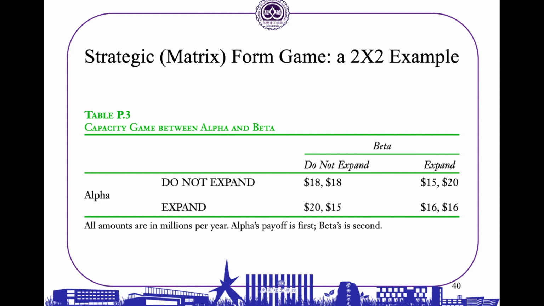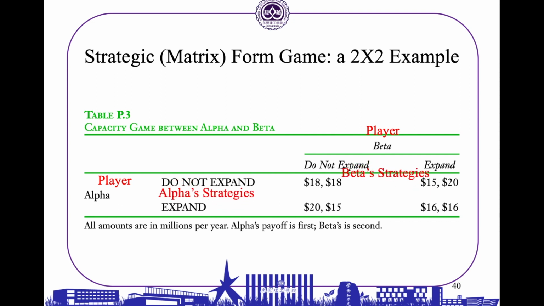Consider an industry that consists of 2 firms, Alpha and Beta. They produce identical products. Each must decide whether to increase its production capacity in the upcoming years. In the game form, there are 2 players, firm Alpha and firm Beta. The strategies are, at the beginning of the year, to expand their capacity or not.